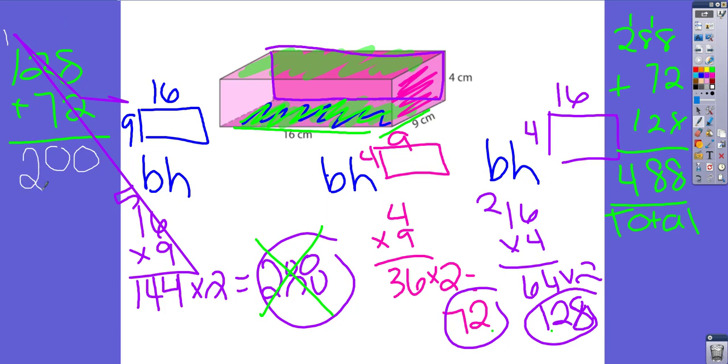And that would be my lateral surface area because it's only my sides without the bases. What you'll notice is that total is always the larger one because it includes everything, and lateral should be the smaller one.